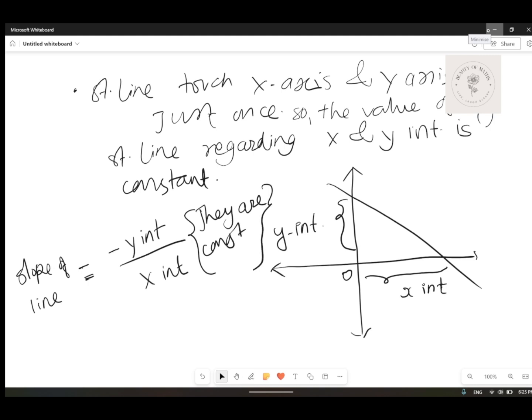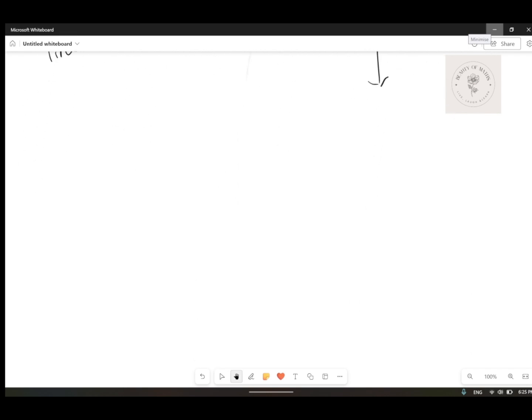So by that logic, you have to be very clear. Another important point is straight lines have constant, no, let's not say fixed, constant slope.